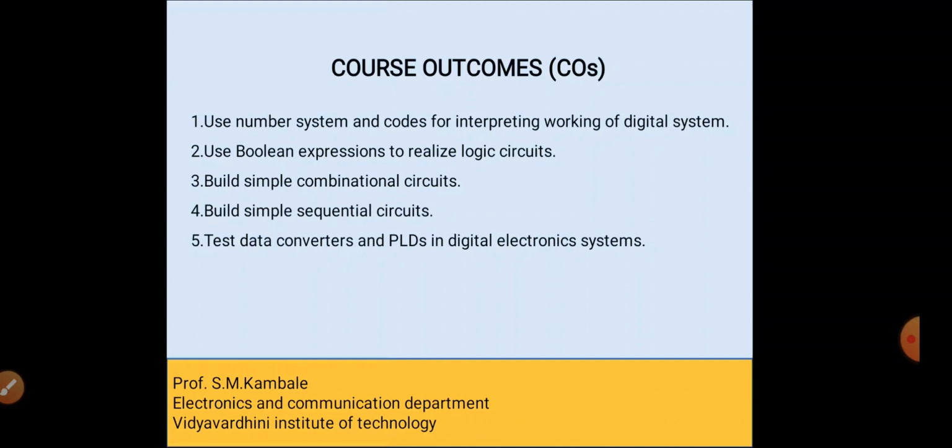So looking at the first course outcome, which is related to the first unit, number system and codes: use number system and codes for interpreting working of digital system. Here we are going to study the whole number system.